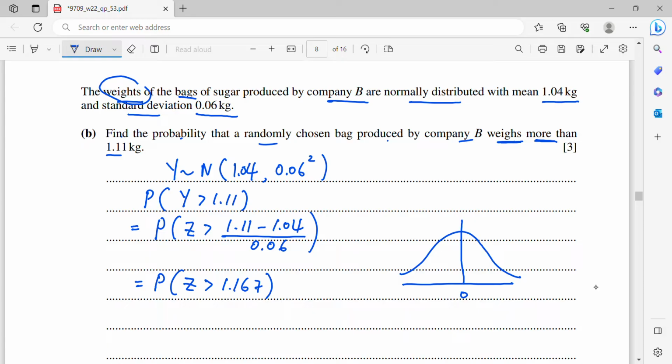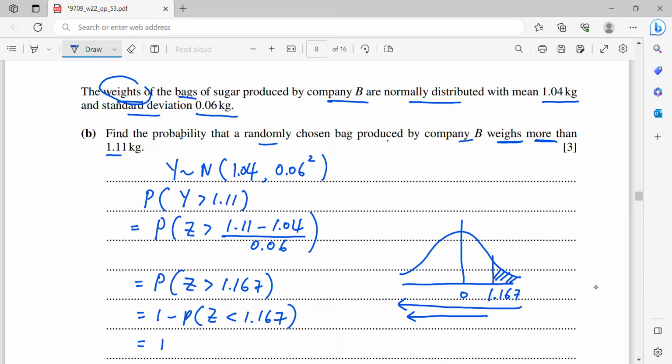Now draw the graph. My Z value is positive, so it is on the right hand side, and then the region is towards the upper tail because it's more than. So from here, it is 1 minus P(Z less than 1.167), because the probability of Z less than 1.167 is available in the table.